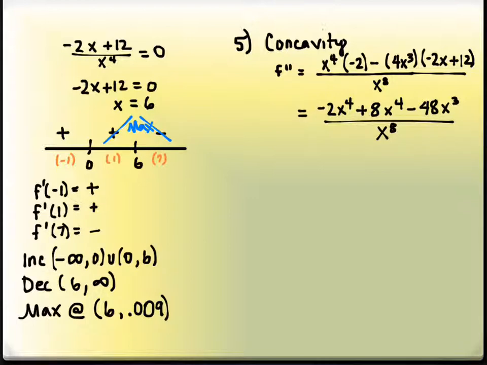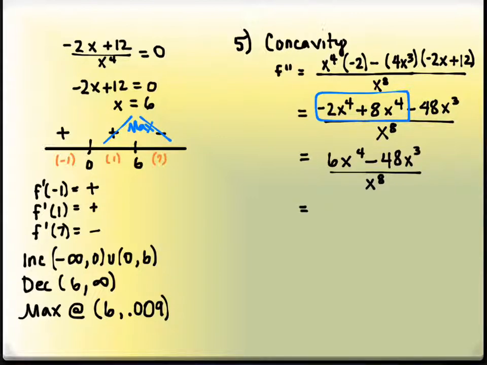The first two pieces combine. So how many x to the 4th do I really have? 6x to the 4th minus 48x cubed over x to the 8th. Can I simplify one more time? What can I do to simplify here?